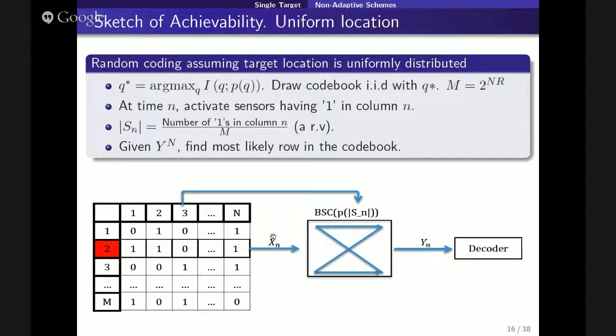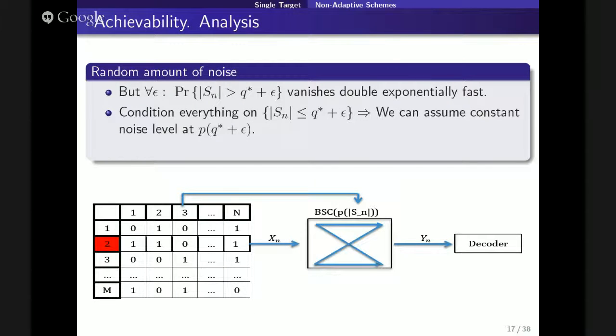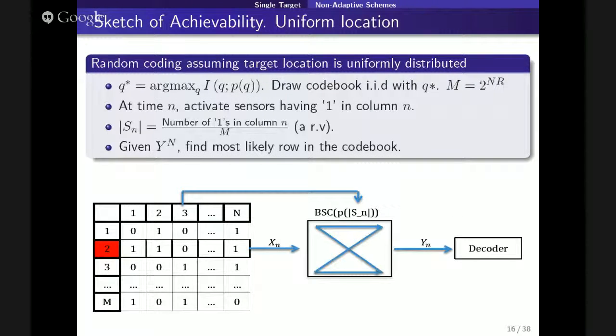Okay, and then we do maximum likelihood decoding. So if this is a good codebook and we do maximum likelihood decoding, we will be able to decode the row where the target is. This almost works. Only that, in the random coding analysis, we get a random amount of noise, because these bits are random.